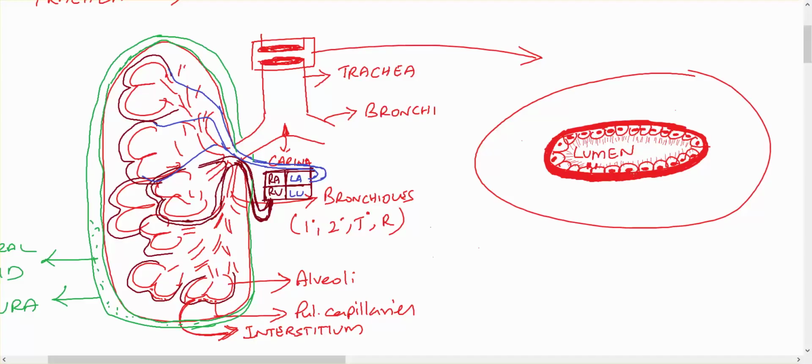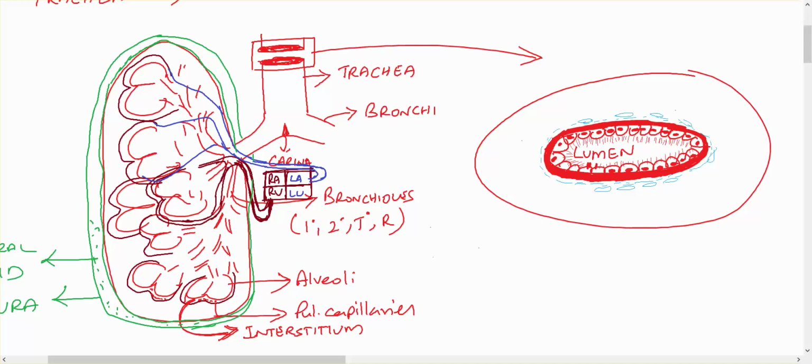Now below that basement membrane we have very thin connective tissue, and it also has small, tiny blood vessels. This area is called the lamina propria.